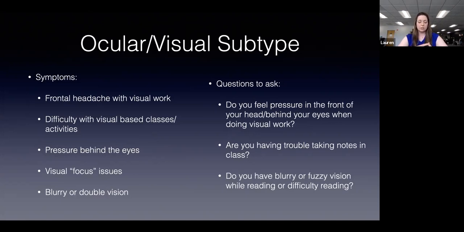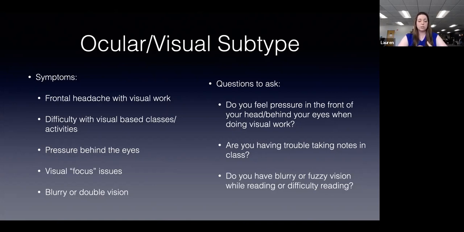Risk factors would include if someone has a lazy eye or strabismus, just being cross-eyed, if they've had to wear an eye patch in the past, any history of eye muscle surgeries, or even being prescribed reading glasses. Those are all things that can make someone fall into more of the ocular visual subtype.